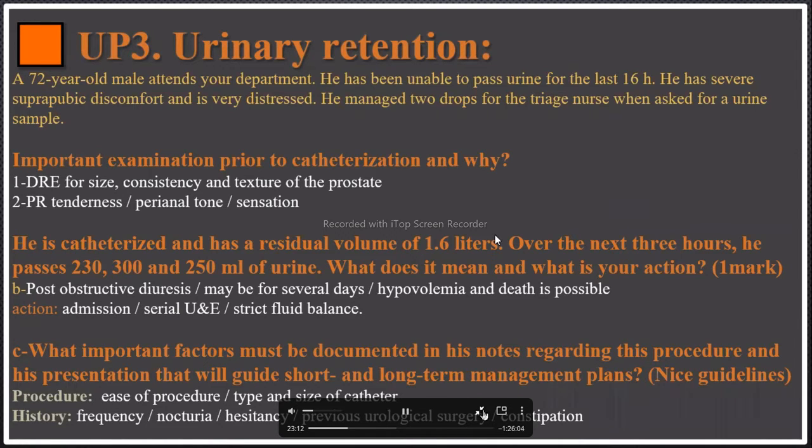You are expecting he will pass almost 35 ml of urine per hour. Now he passed 230. Too much or not? Yes, this is too much. First hour too much, second hour too much, third hour too much.